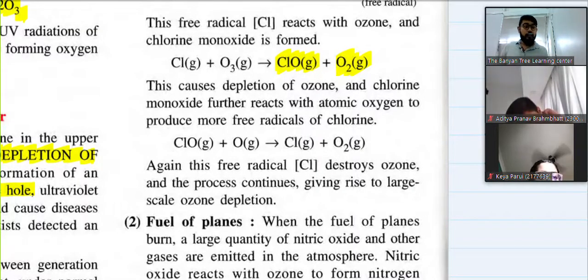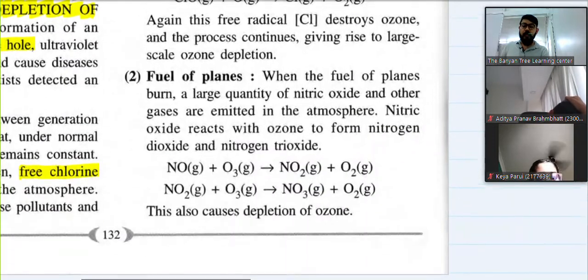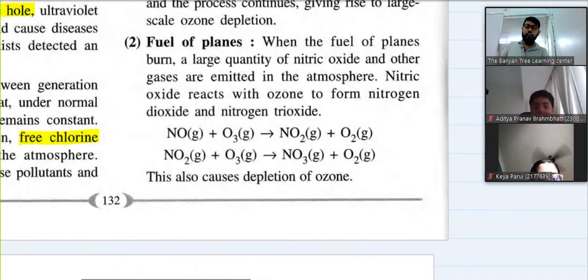More and more chlorine is produced due to the reaction of chlorine monoxide with oxygen atoms, and ozone gets depleted further. So it gives a large scale of ozone depletion.